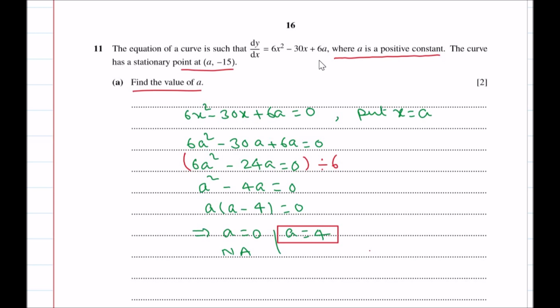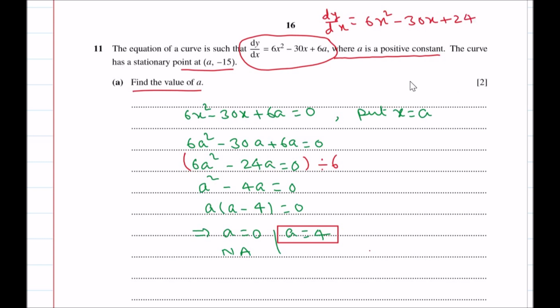The a value we have got is 4. So 6 into 4, 24. Right? So if you substitute a equal to 4, we get dy by dx is equal to 6x square minus 30x plus 24.